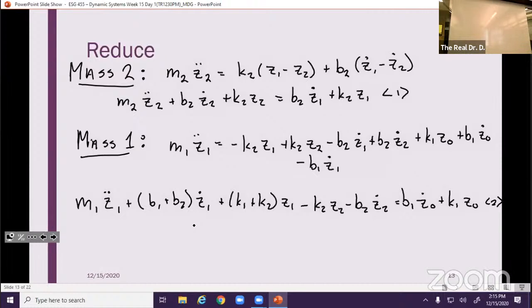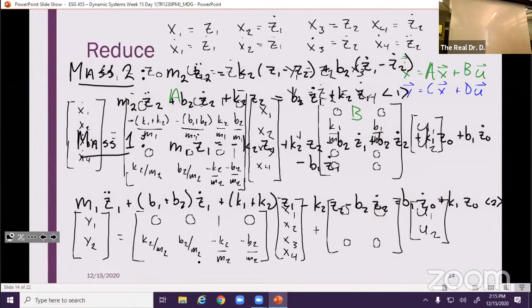Because the roots of each part should be the total roots of the system. That's how it should work. So if you have two equations split up like this, now, if you were to create the transfer function on both sides, in terms of z1 and z2, you would get the characteristic equation and you'd be able to solve for the roots.